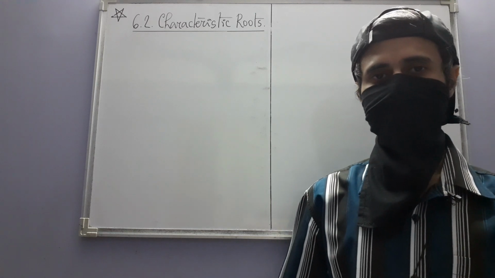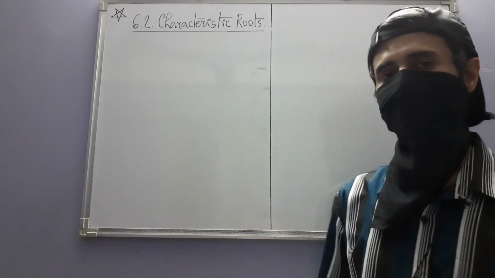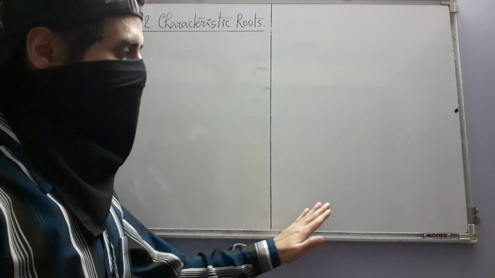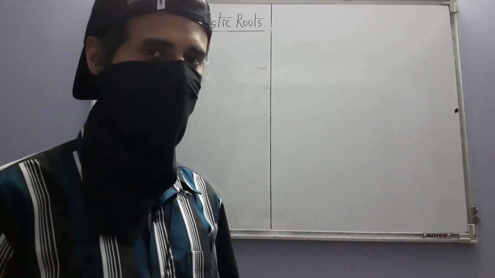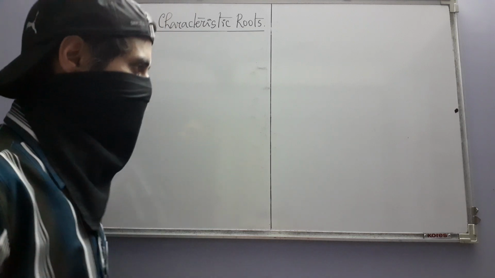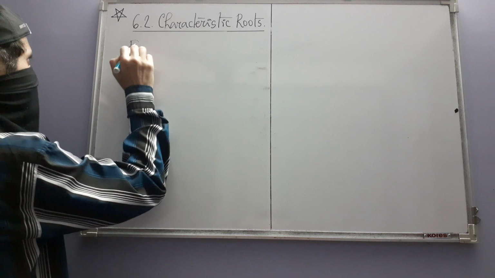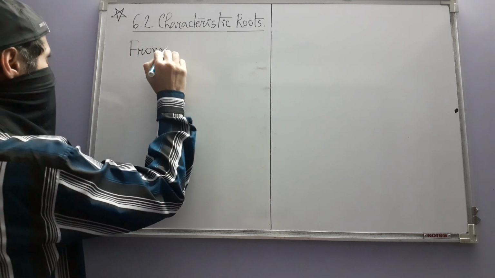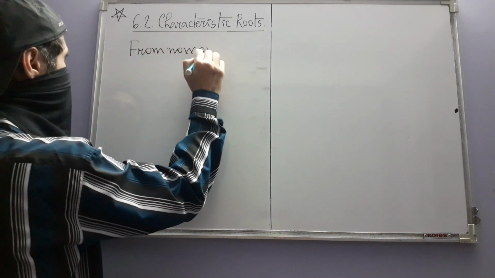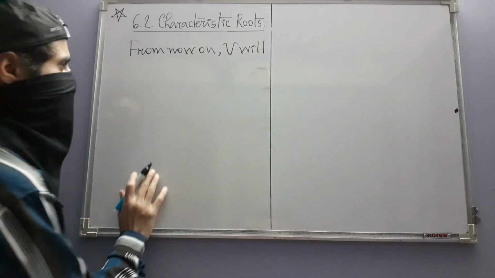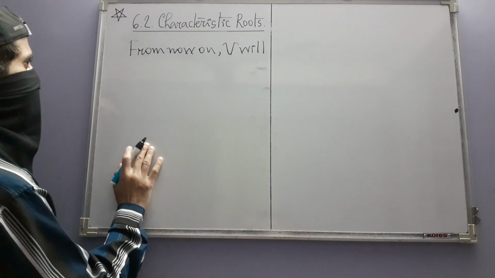Okay, so let us now start this next section, characteristic roots. Throughout the rest of this chapter, our focus will mainly be on linear operators on finite dimensional vector spaces. So, we are going to assume from now on that V is a finite dimensional vector space over some field.